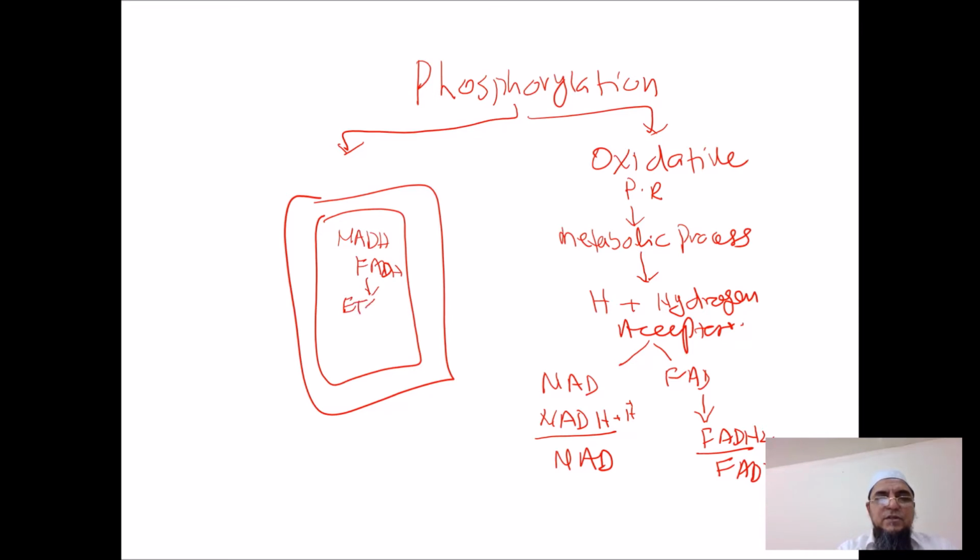The electron transport chain is also situated inside the mitochondria, and then they will give us ATP. One NADH will give us 3 ATP, while one FADH2 will give us 2 ATP.